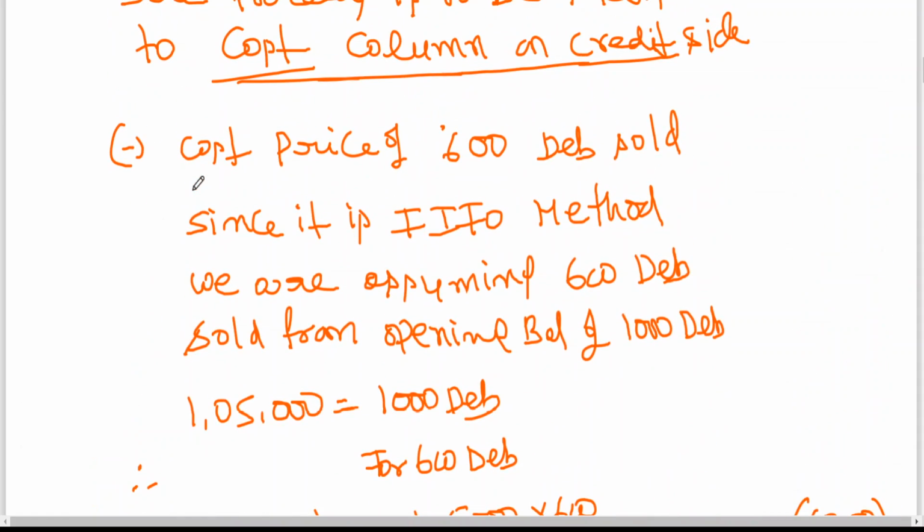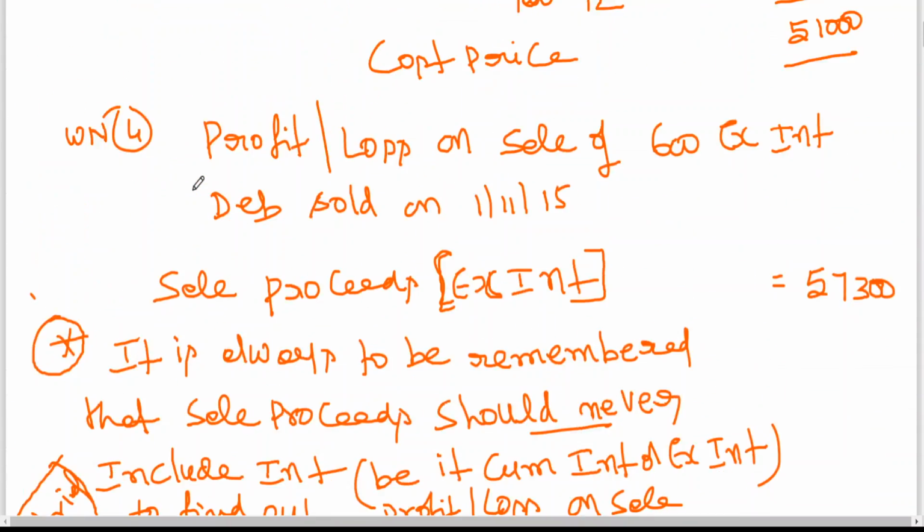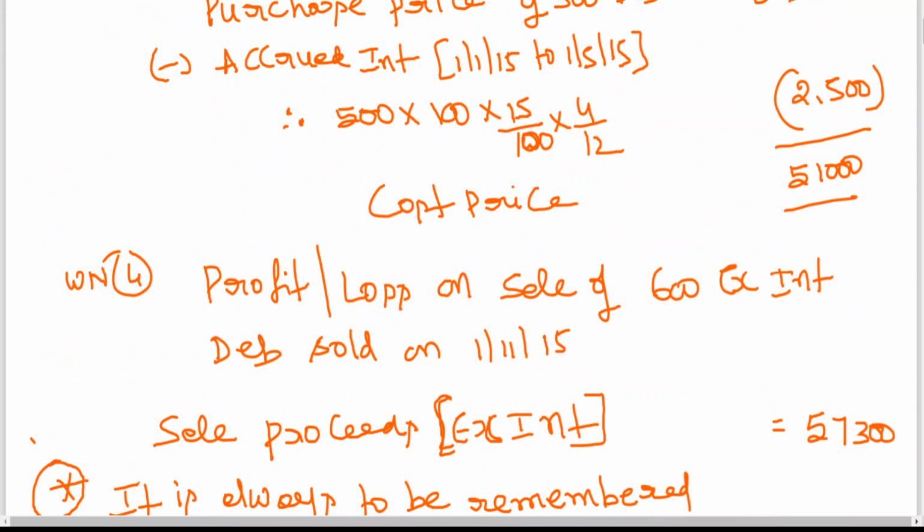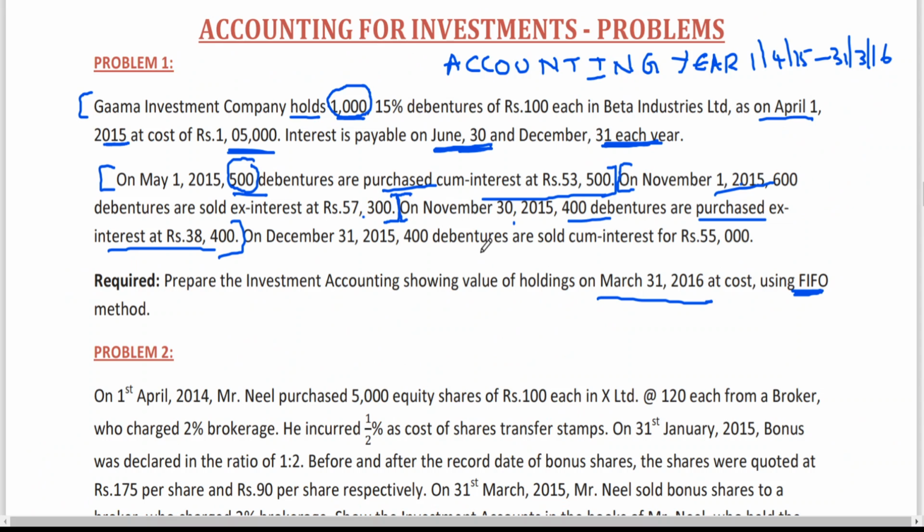After that, chronologically I am going. This will be working notes number 4. Okay, right. Coming back to this now. Yeah, here we are. So 400 debentures are purchased ex interest. Ex interest for how much? 38,400. Let me take you to the timeline.